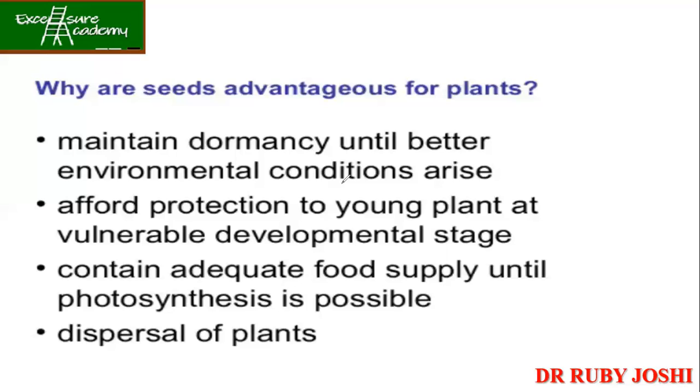Young plants are very delicate in nature during the starting of their developmental stage, so it is going to provide the protection. Like a small baby needs protection at the initial stage, in the same way the young plant also needs protection at the starting of its development. Okay, clear? Yes, ma'am.